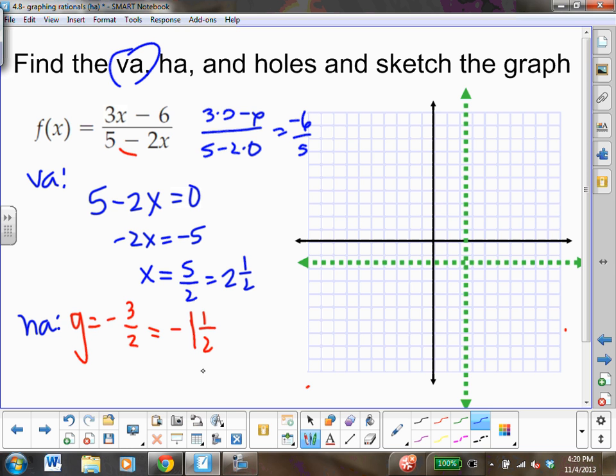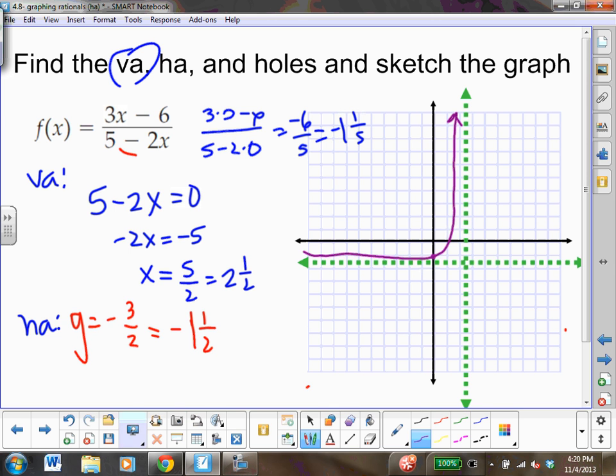So my y-intercept occurs at -1 1/5. So it's the point x equals 0, y equals -1 1/5, which is right about there. So that gives me part of my shape. I know that the graph will have to exist here.